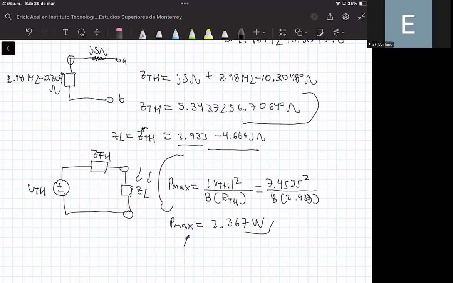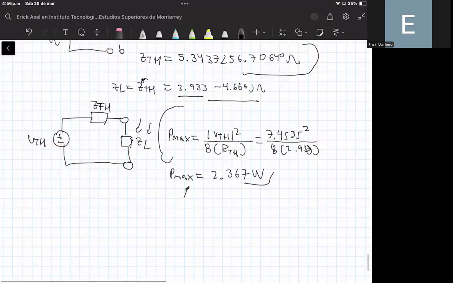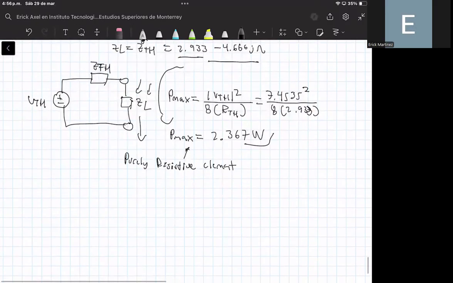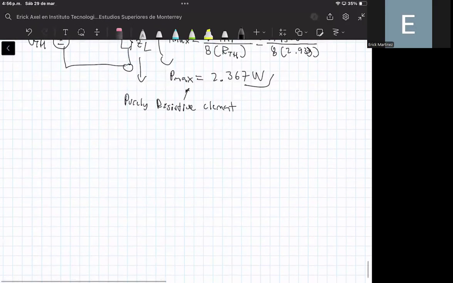So I think that we can make another example, but in this case, I wanted to show you what you can do in the case that you want to connect a purely resistive element. I think it's better that we make an example.